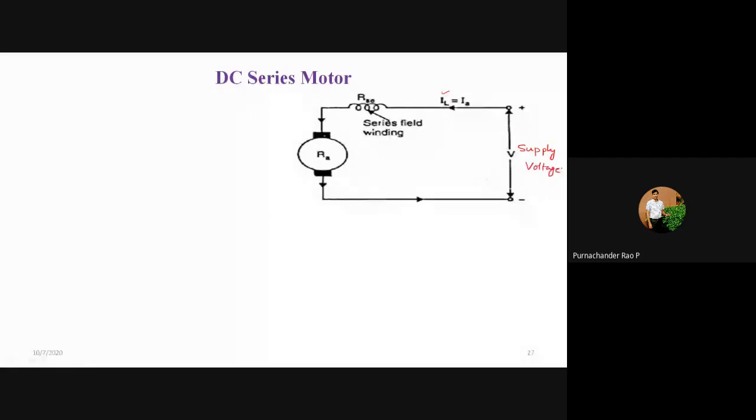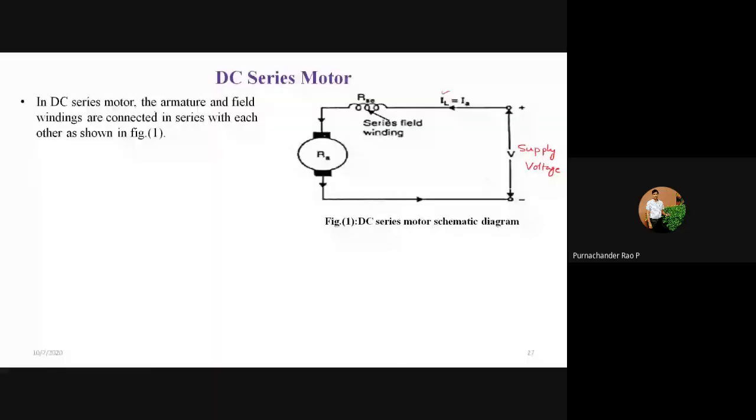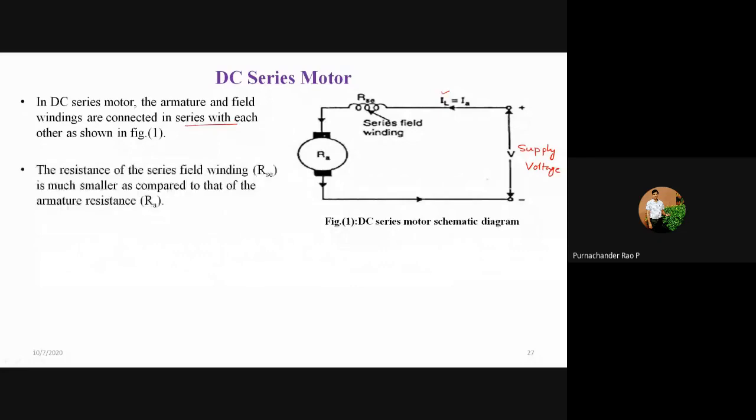Now in DC series motors, the armature and field windings are connected in series with each other, and the resistance of the series field winding is much smaller than the armature resistance. So here the series field winding resistance RSE is less than the armature resistance RA.